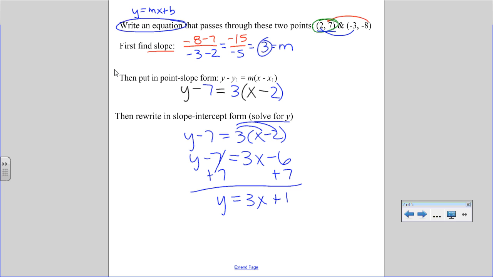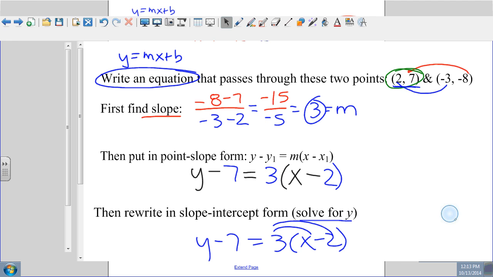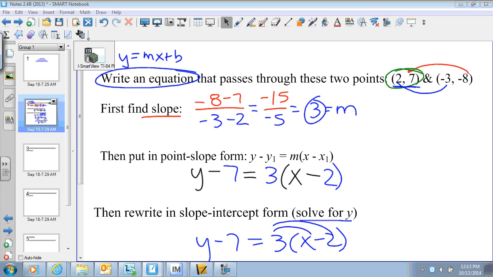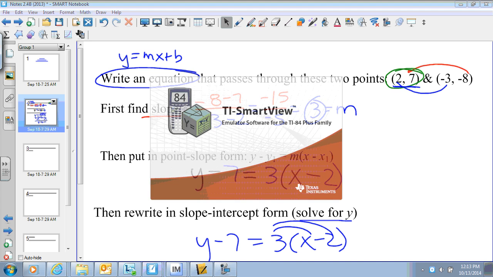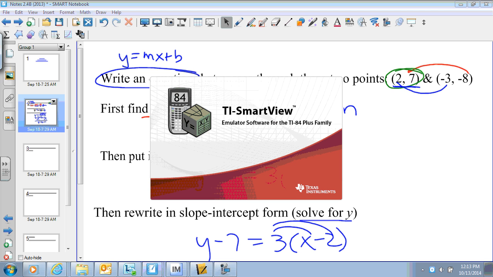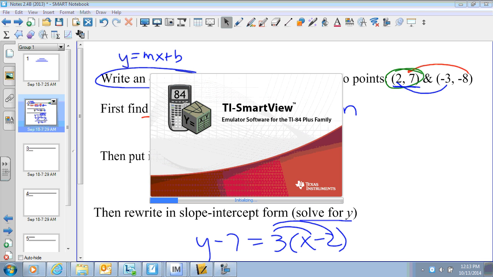Now what we want to do here is take a look at it on our calculator and see what that equation looks like. So we're going to take that equation and go to y equals. So hopefully this loads quickly for us.